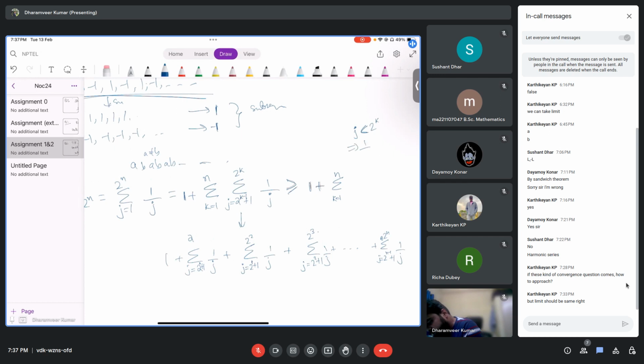That implies 1 over j is greater than 1 over 2k. So 1 over j is greater than 1 over 2k. Summing over positives. Right?